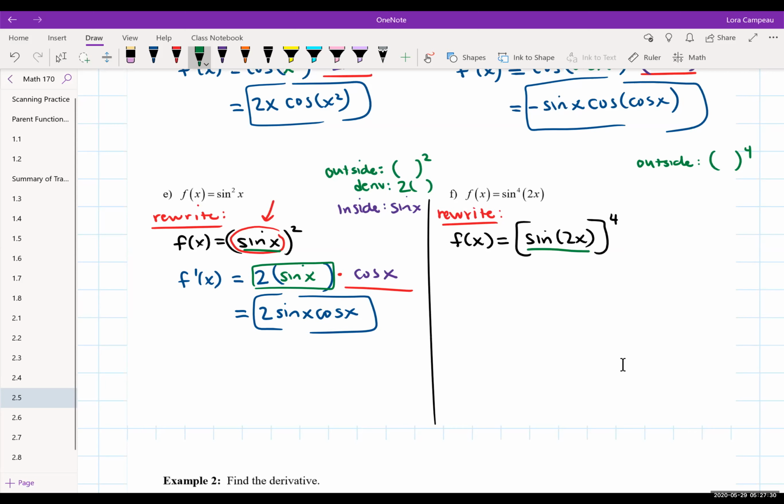But the something is also more complicated than x. We actually have the sine of another function that's slightly more complicated than x. So we actually have a couple of outside functions. Maybe I call it outside 1, outside 2.